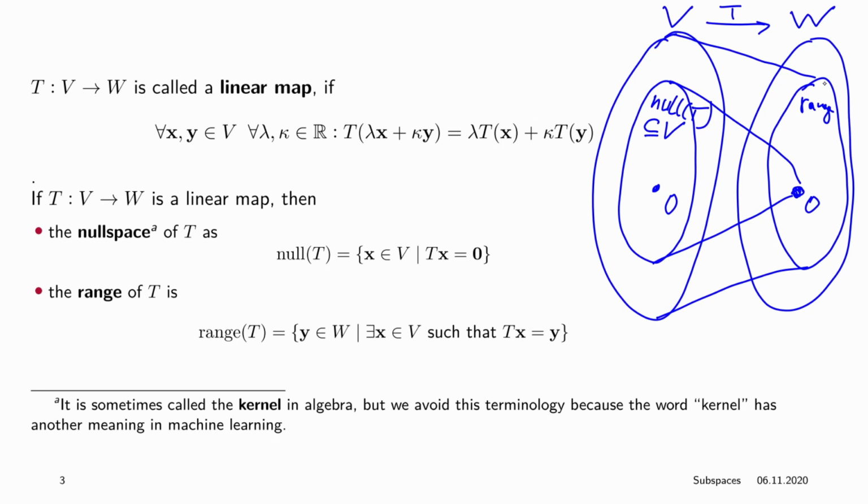So it goes basically from all of V to the range of T. And also note that because the null space of T is a subspace of V, it obviously contains also the null. And similarly, because the range of T is a subspace of W, it does contain the zero again.